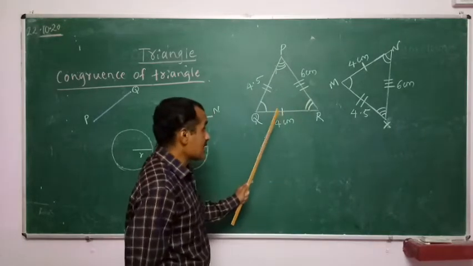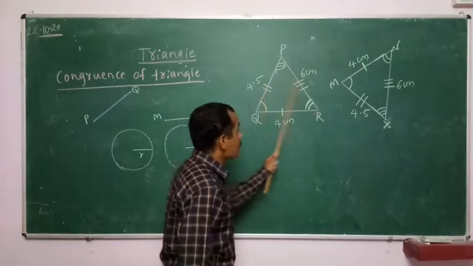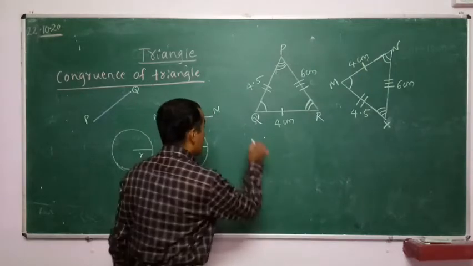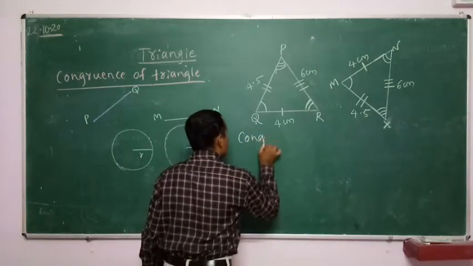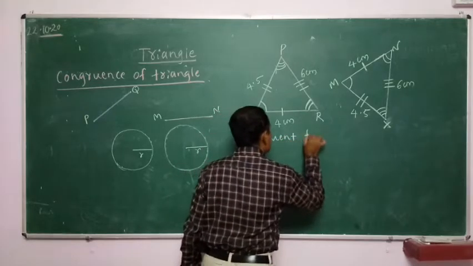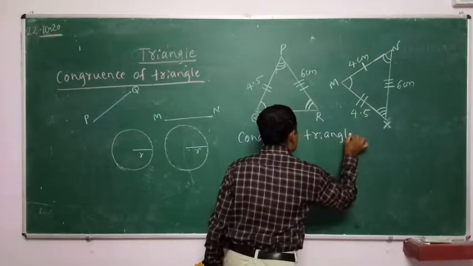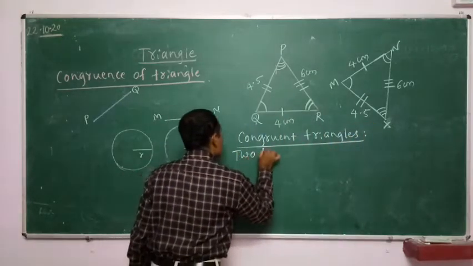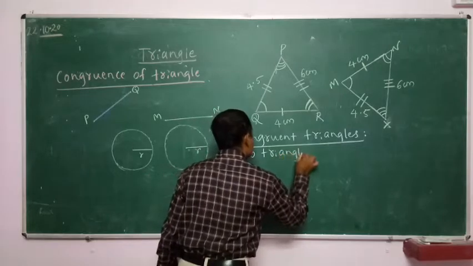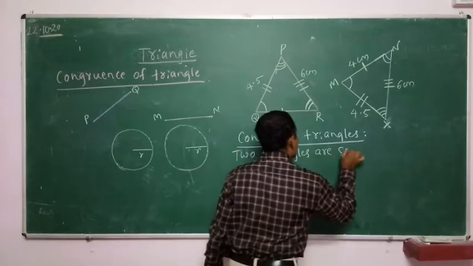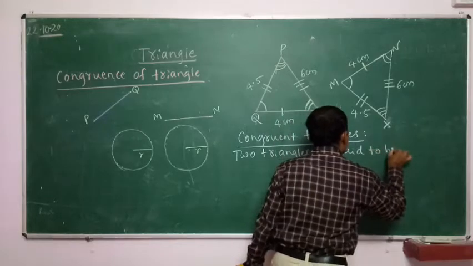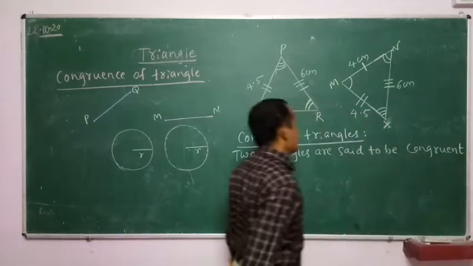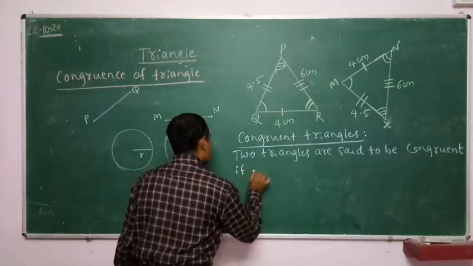The corresponding sides of two triangles are equal. How to define congruent triangles?